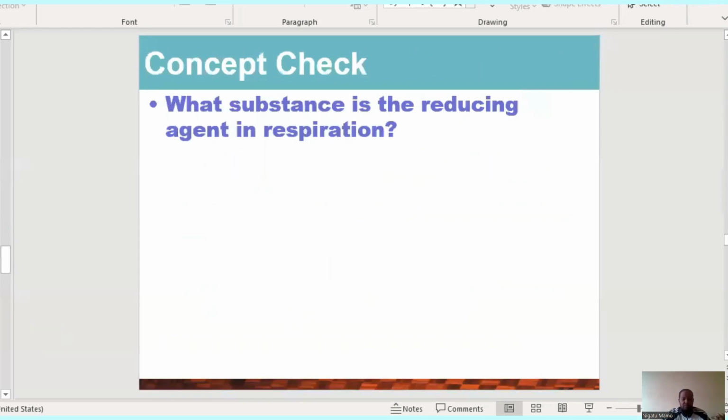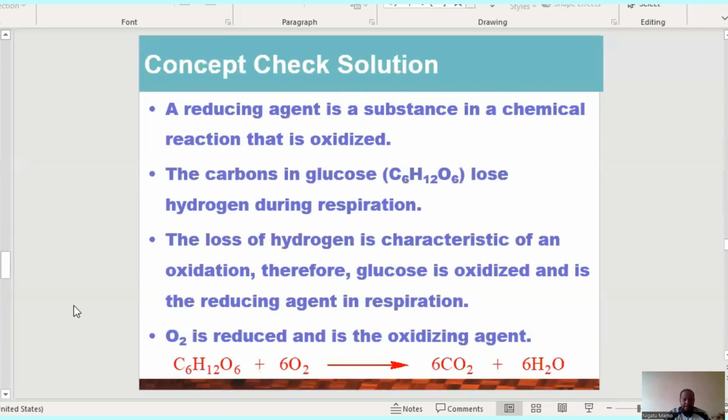Okay, concept check. What substance is the reducing agent in respiration? You can find it. From the concept check, this is the concept check solution. A reducing agent is a substance in a chemical reaction that is oxidized. The carbons in glucose lose hydrogen during respiration.